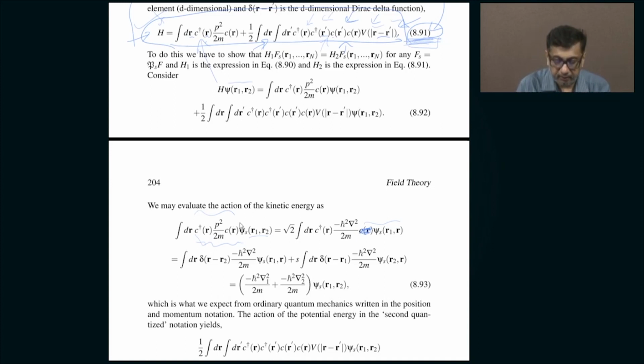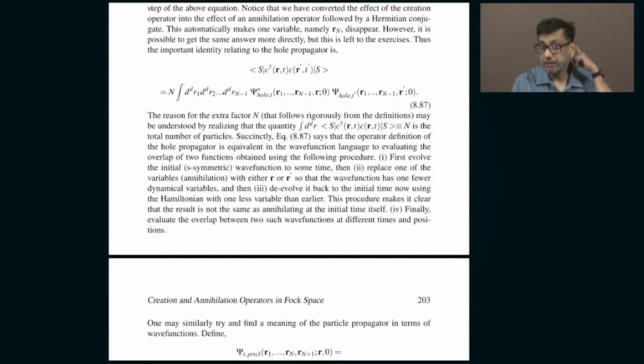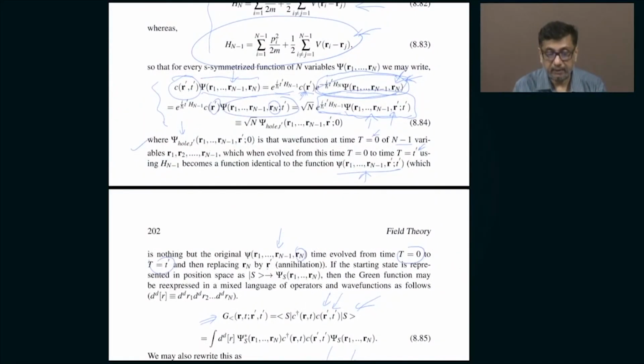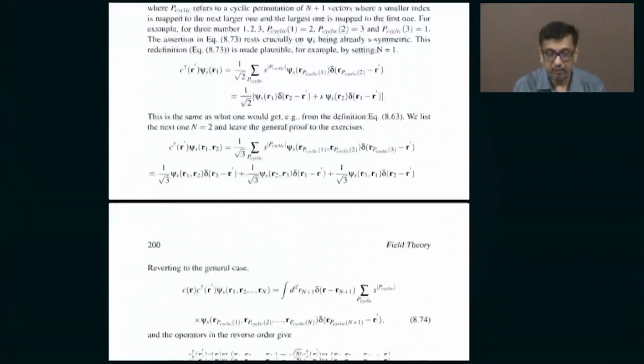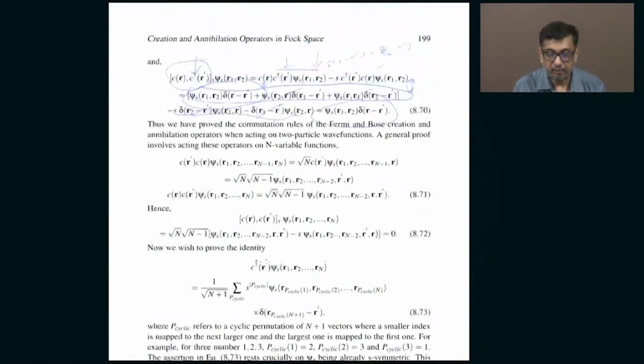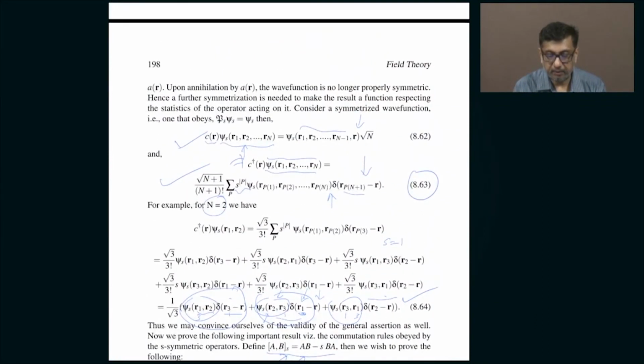So, when C acts on the wave function, you remember how C acts on the wave function. I will assume it is already symmetrized. So, you have to recall how C acts; I have to go all the way back here. So, that is how C acts.